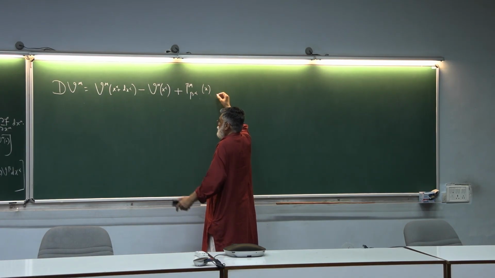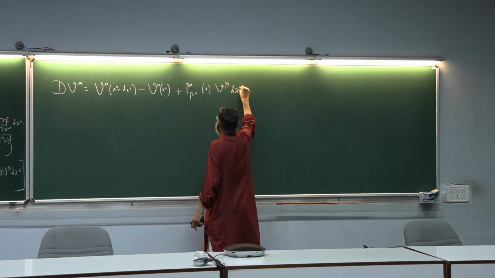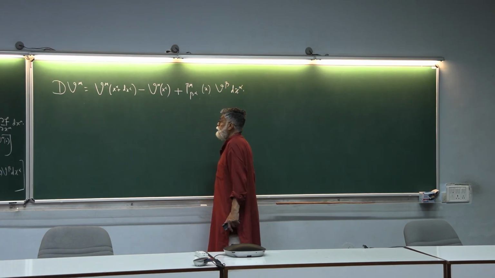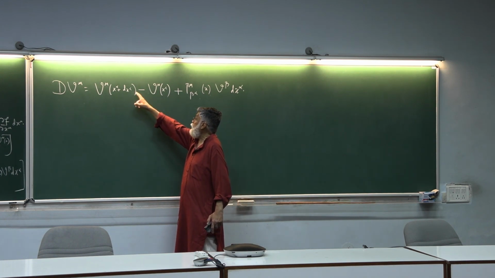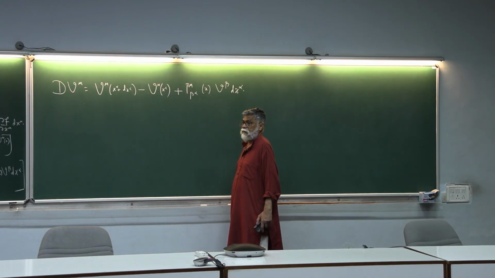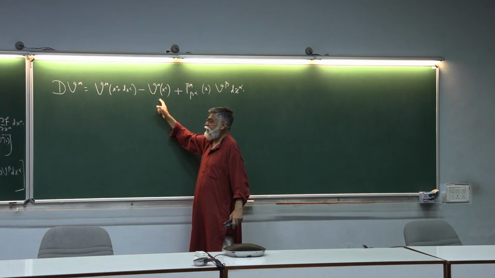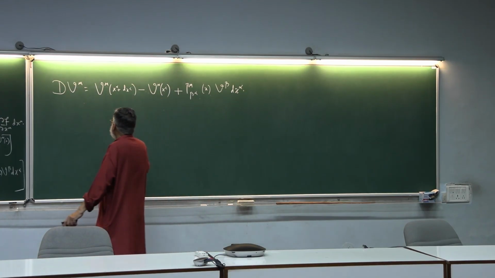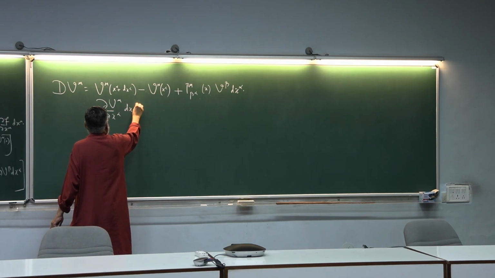I'll suppress sometimes many of the indices. Okay. But what is v mu at x alpha plus dx alpha minus v mu at x alpha? What is the subject? When dx alpha is infinitesimal, so first order in dx alpha, what is this object? Exactly. Good. So this is nothing but del v mu by del x alpha dx alpha.